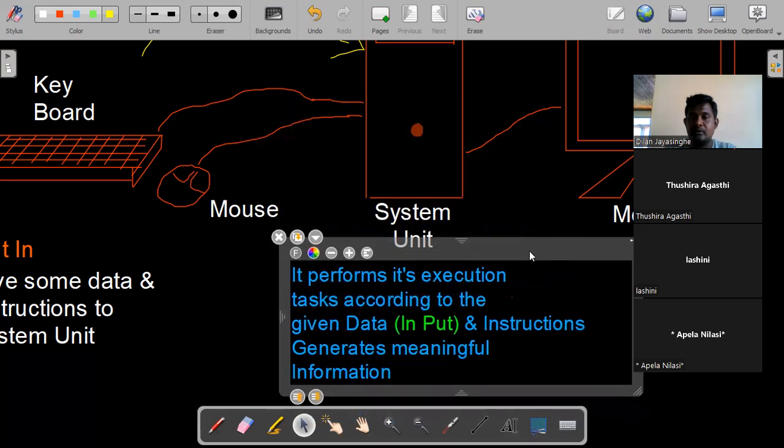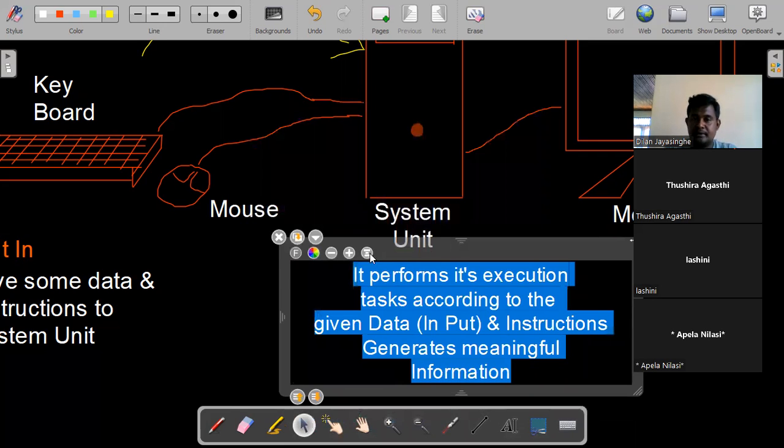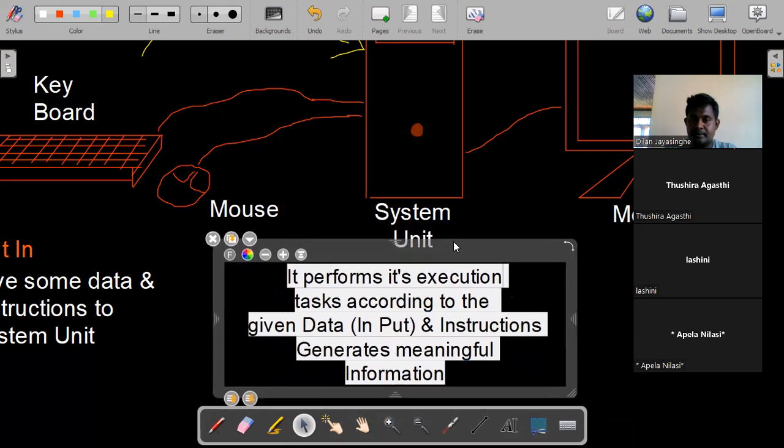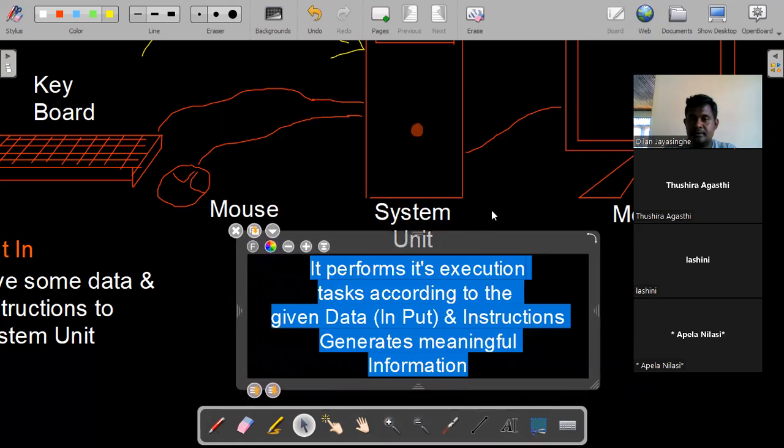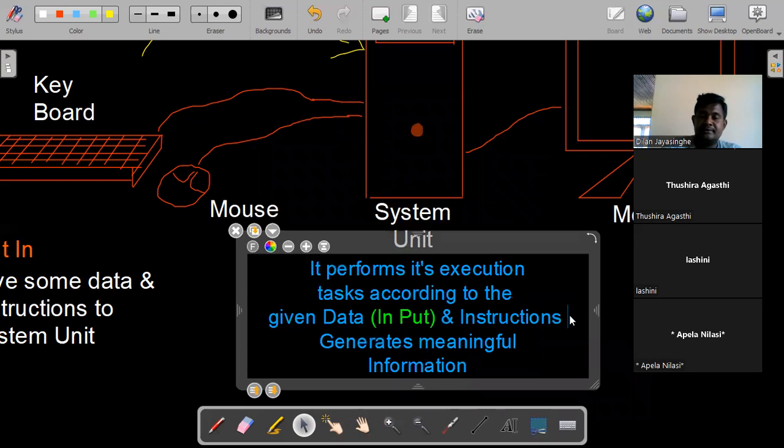Right, it performs its execution tasks according to the given data, input data and instructions, and generates meaningful information.